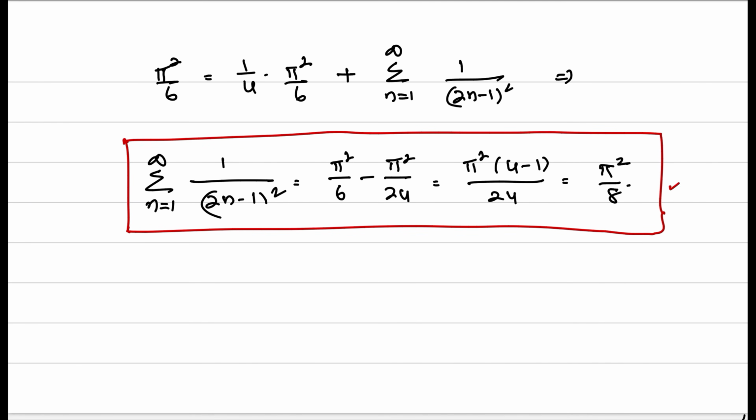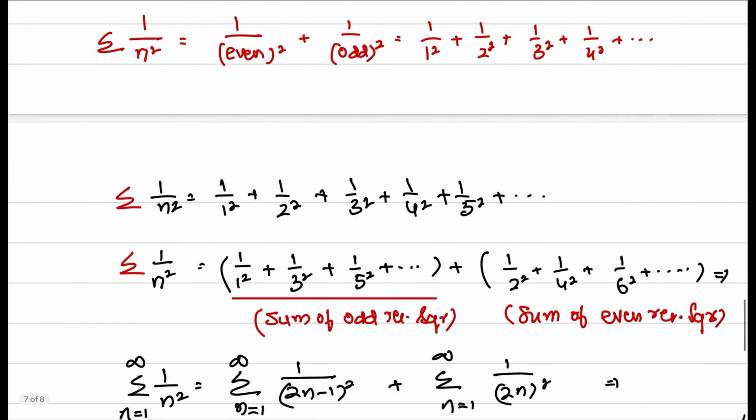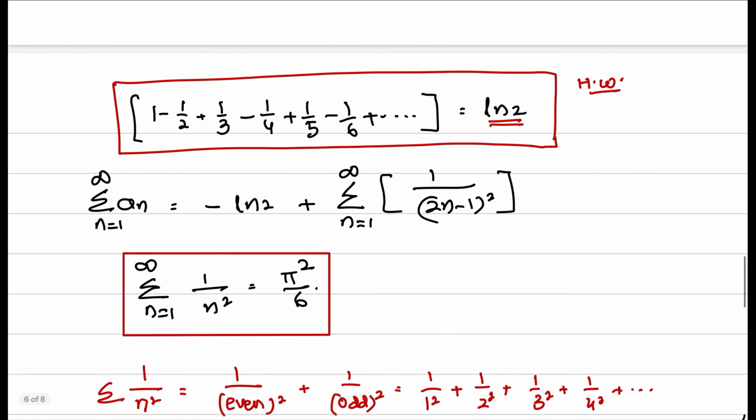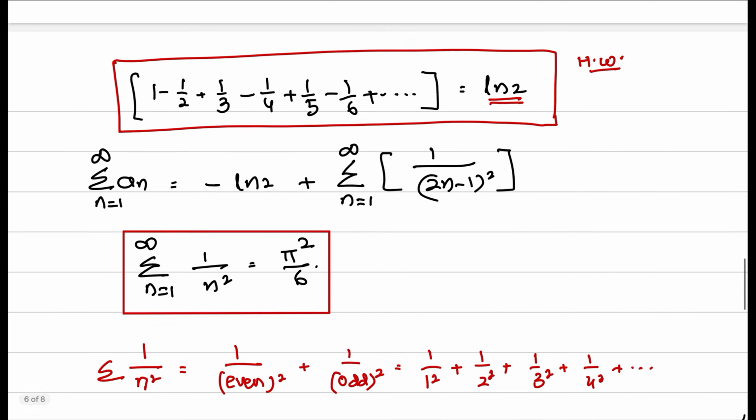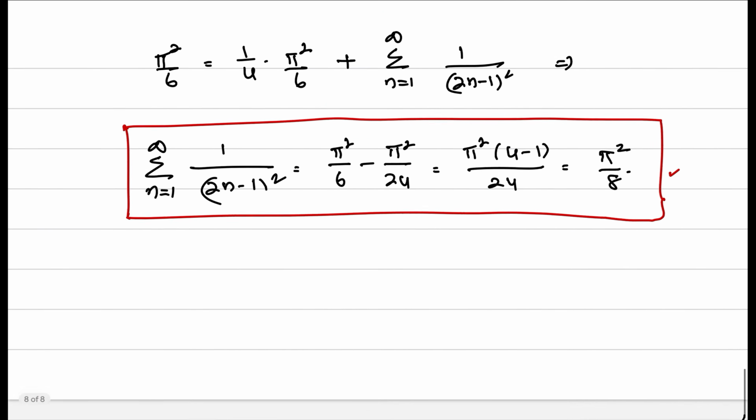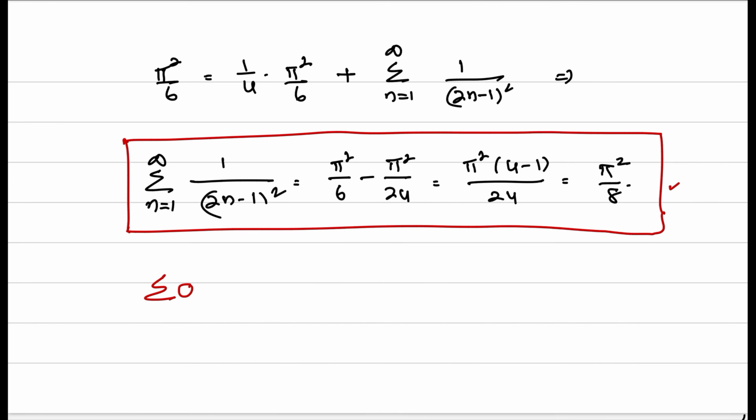Now, what is the sigma an? Ultimately, sigma an, n equal to 1 to infinity, is equal to minus ln2 plus pi square by 8, by substituting the above values.